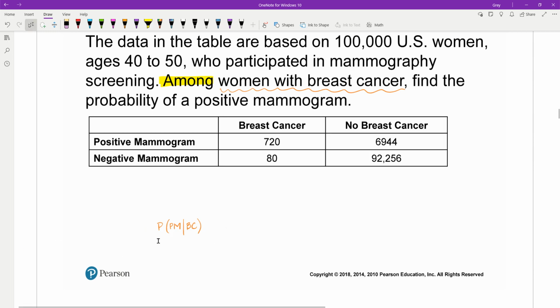And that says the probability that they have a positive mammogram given that they have breast cancer. When you have that condition, that changes the denominator. Now my denominator is not going to be the total, but the people with breast cancer. And so I'm only looking at this part of the table. What is the total number of people? Of course, that's 800. How many of those have a positive mammogram? 720 out of 800, which is 0.9. So you've got to pay attention to all the words.